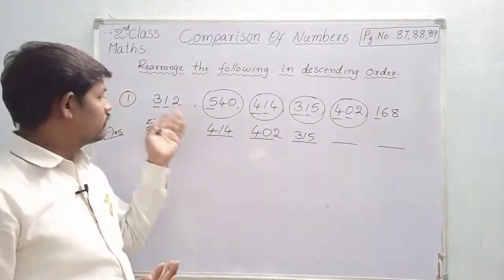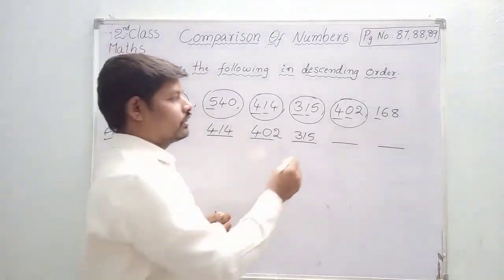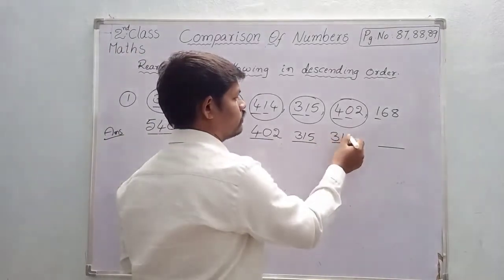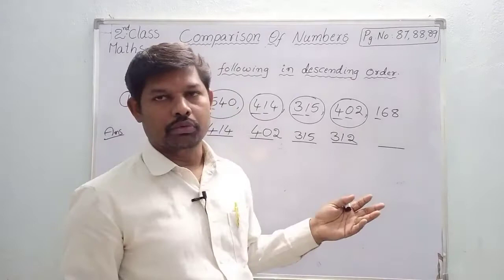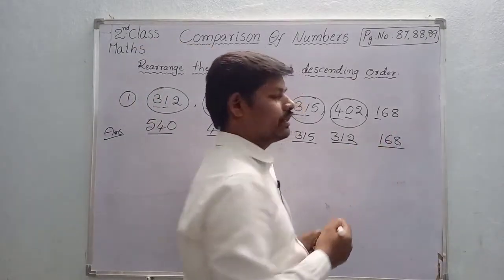Then the next biggest number is 312. 3, 1, 2. So we have only one number, the final one, 168.